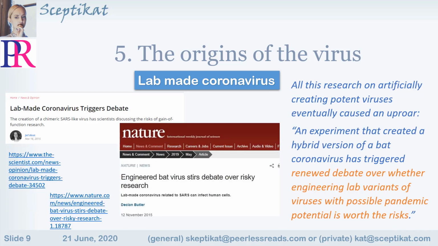All this research on artificially creating potent viruses eventually caused an uproar. An experiment that created a hybrid version of a bat coronavirus has triggered renewed debate over whether engineering lab variants of viruses with possible pandemic potential is worth the risks.